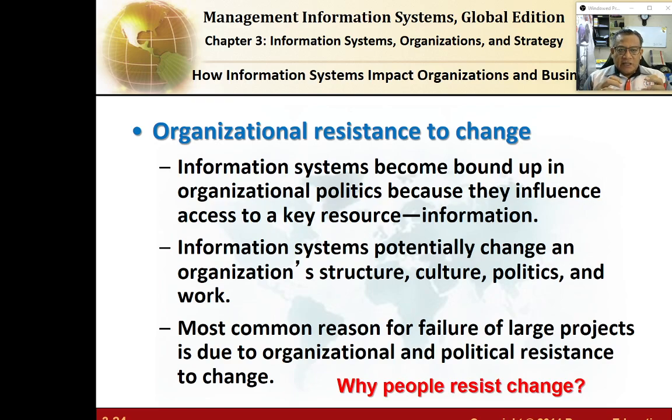They don't like to adjust to a new system because it gives them challenge, it gives them problems, and it gives them some sort of uncomfortable feeling. That is one reason why people resist change.